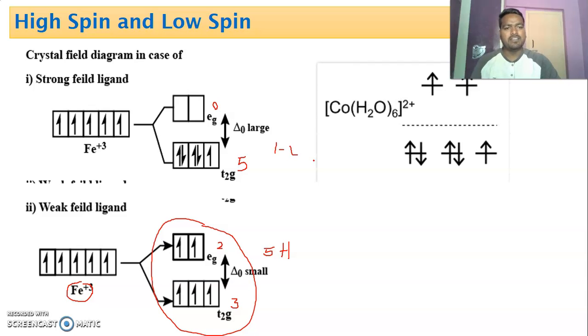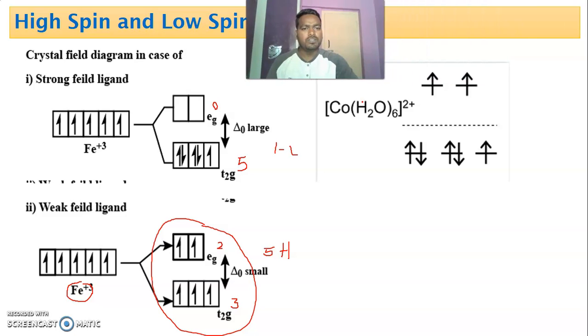Let us take another example, a cobalt complex. In this complex, hexaaqua cobalt, cobalt is a D7 system. As I said, it is a D7 system, in which it follows Hund's rule. That's why it has 3 unpaired electrons, and it is high spin in nature.